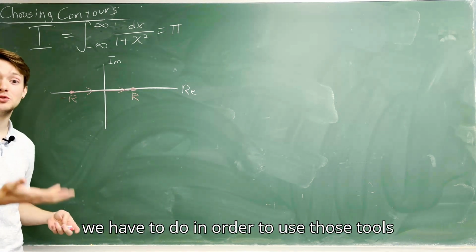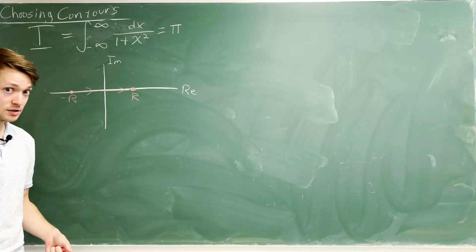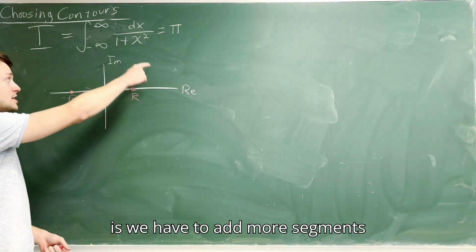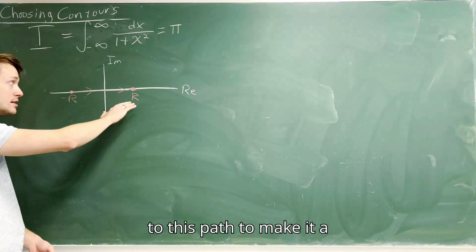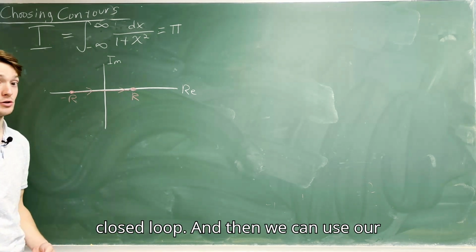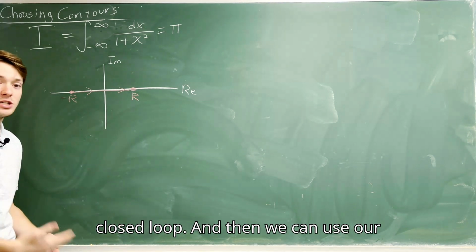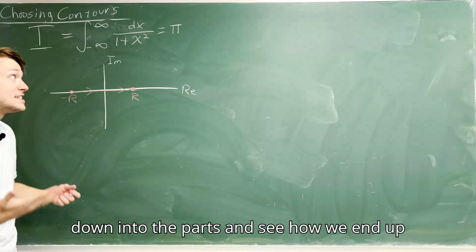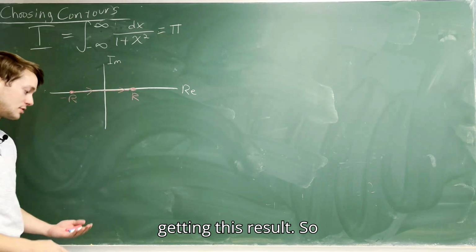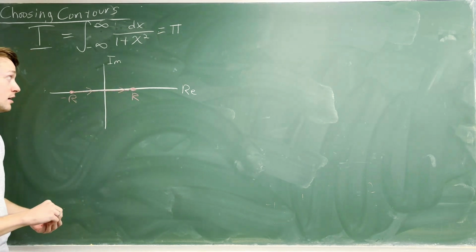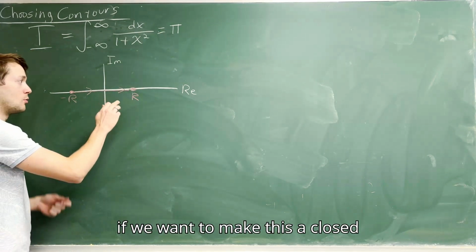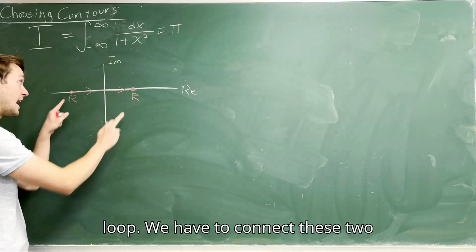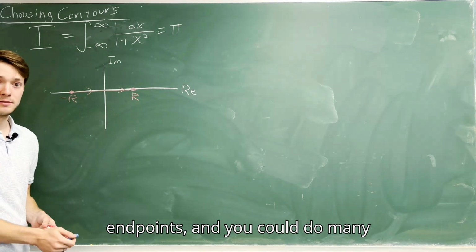So in order to use those tools, we have to add more segments to this path to make it a closed loop, and then we can use our tools on the entire loop and break it down into the parts and see how we end up getting this result. So, if we want to make this a closed loop, we have to connect these two endpoints.